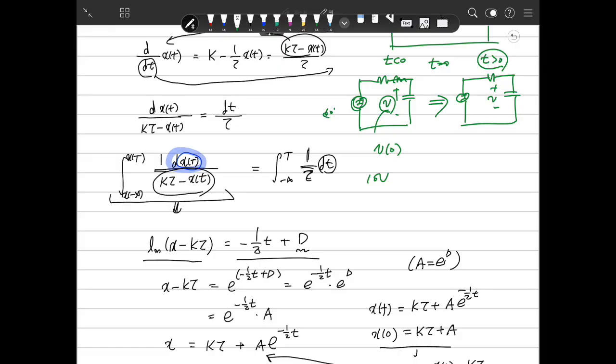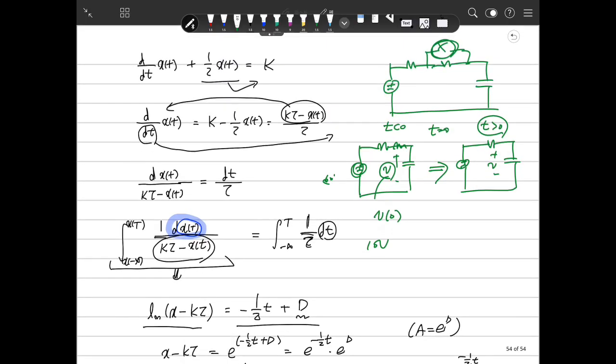Oh, sorry, this is a different example. This is not exact. The voltage of the source is such that before t is 0, that value is 10 volts, and after t, that value is 20 volts.